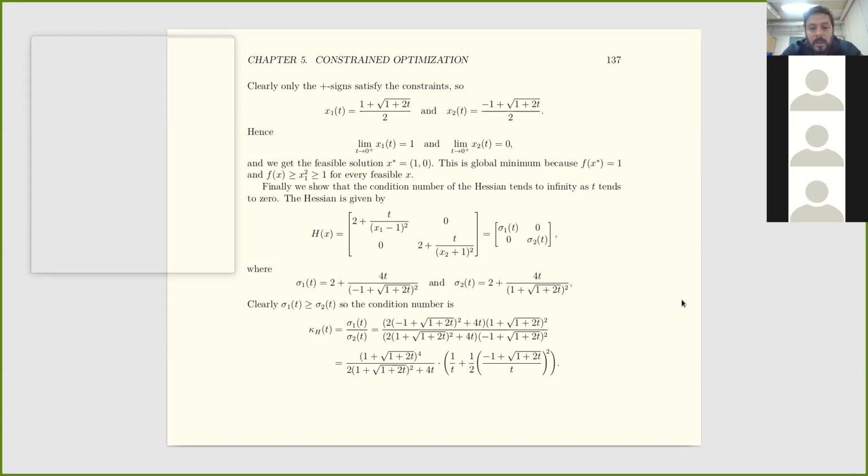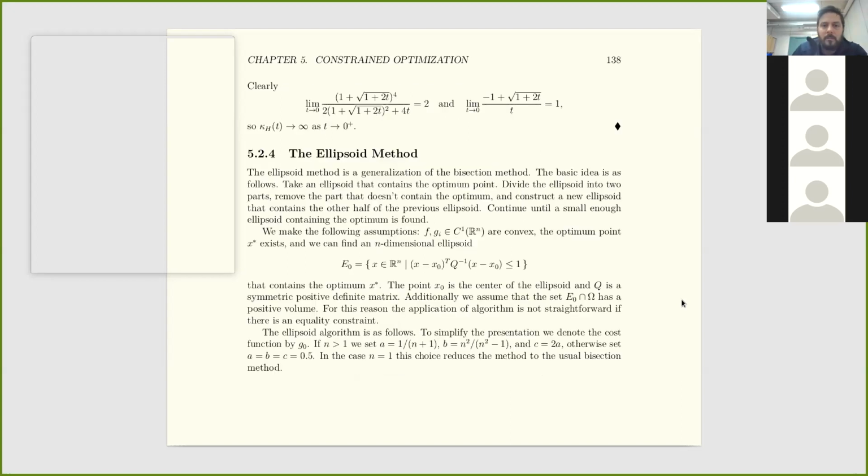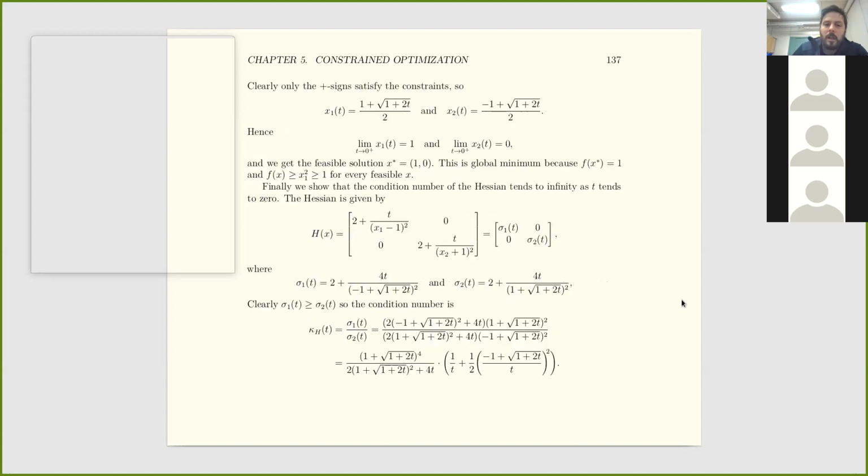It's a little bit involved here, but if you take the ratio of those and you let t go towards 0 at that feasible point 1, 0, you will notice that the condition number will be relatively poor. The condition number will approach infinity as t approaches 0.